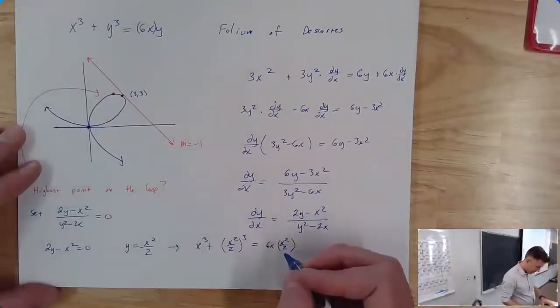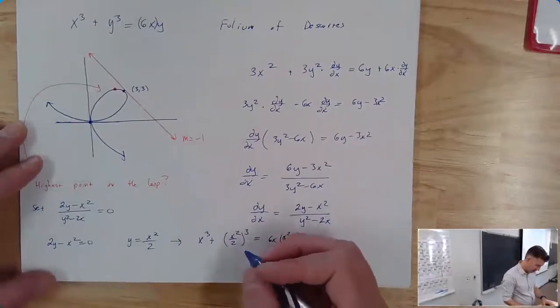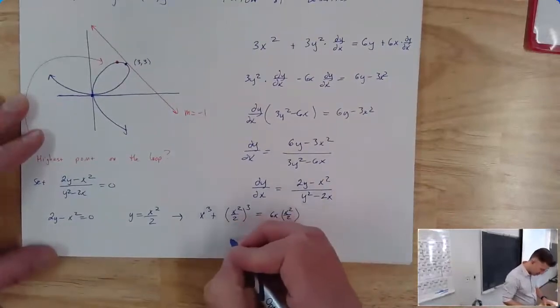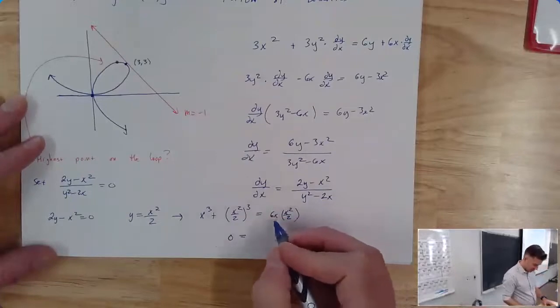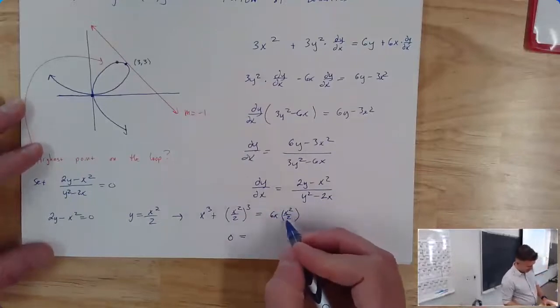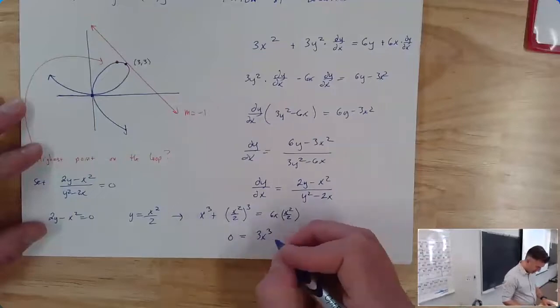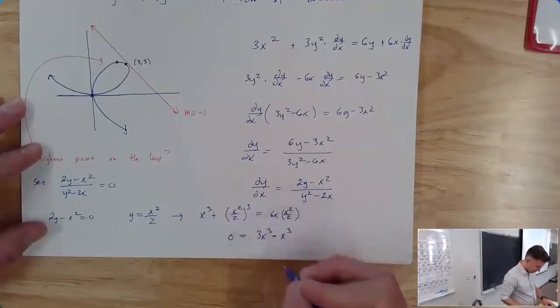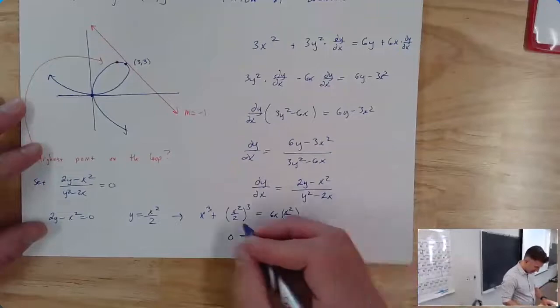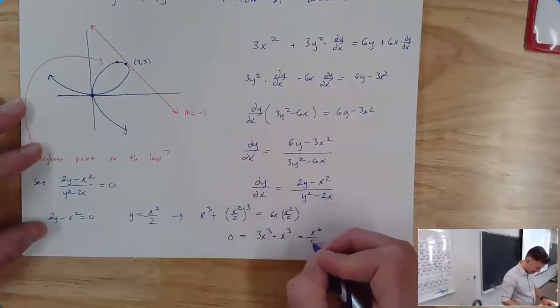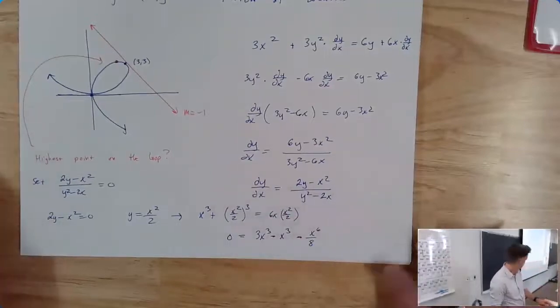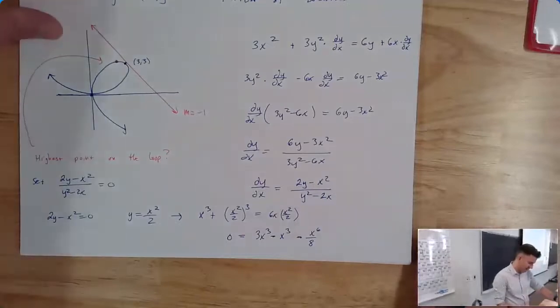So if we bring everything to the right-hand side, I'm going to have 0 on the left equal to, so this is 6x times x squared over 2, which is 3x cubed, and then minus an x cubed, and then minus x to the 6th over 8. I don't know why I picked the right-hand side. Might not have been the best choice.